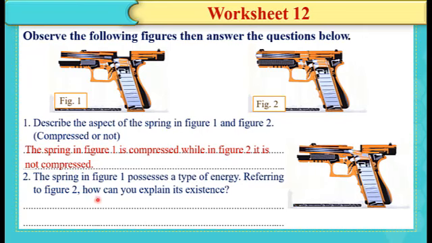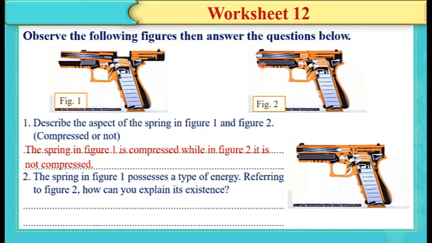Number 2: the spring in figure 1 possesses a type of energy. Referring to figure 2, how can we explain the existence of this energy? In figure 1, the spring was compressed. In figure 2, the released spring led to the releasing of the dart or the bullet, so it did work.